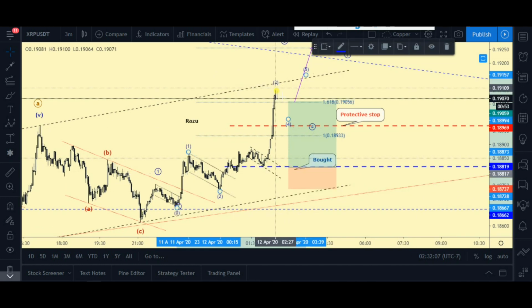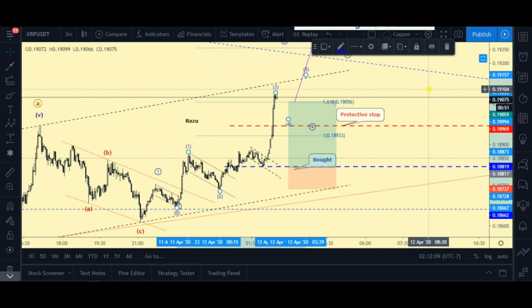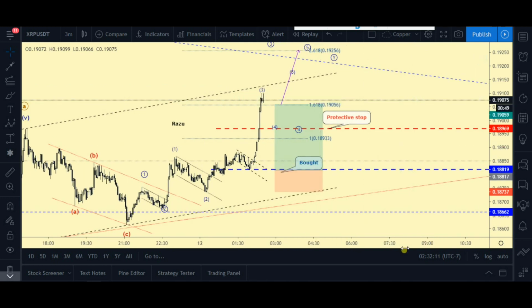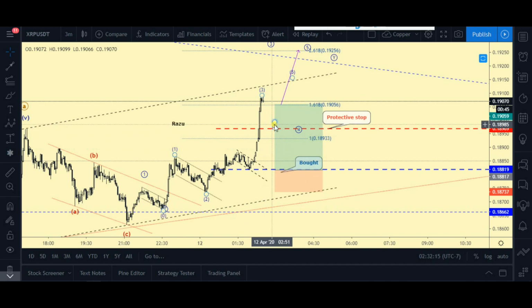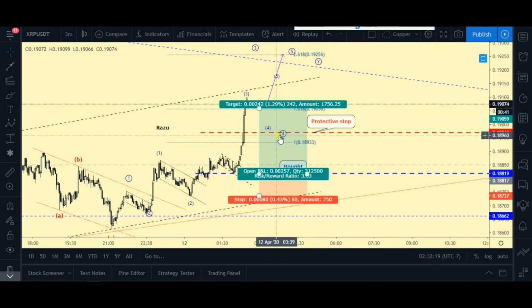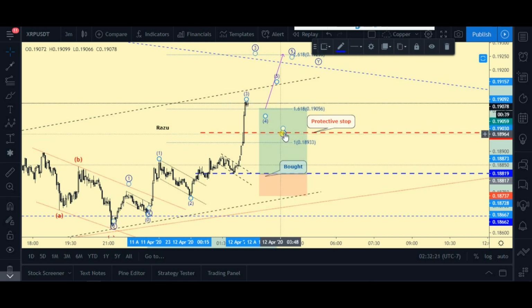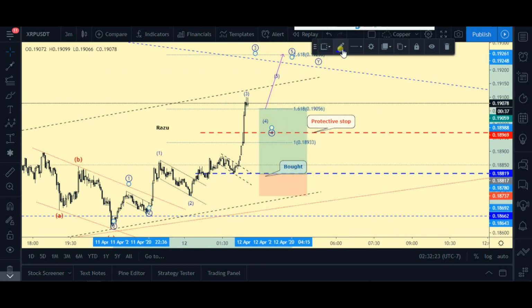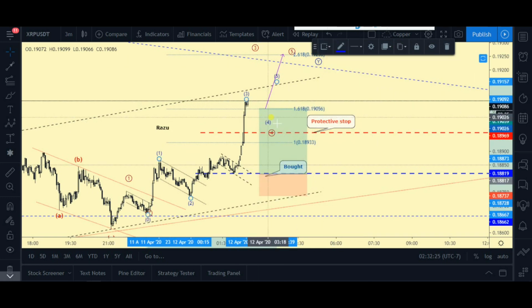So this could be the third of third, 161.8%. So we're expecting the move to continue much higher, and the fourth wave could follow from here. So the protective stop is right now, currently I put it here.